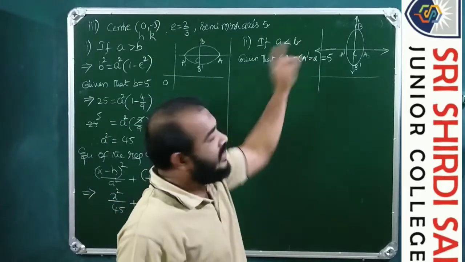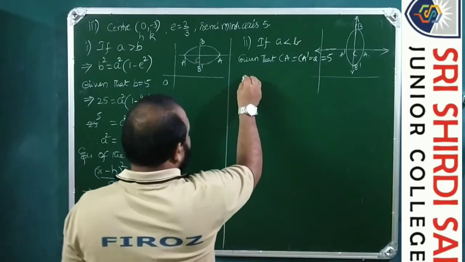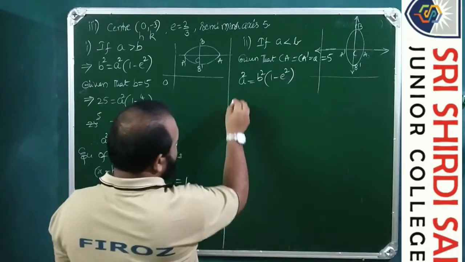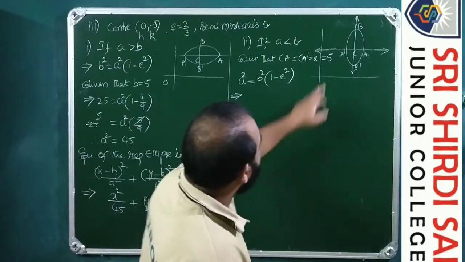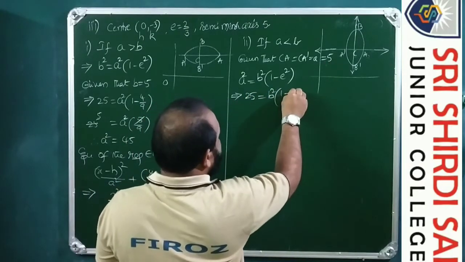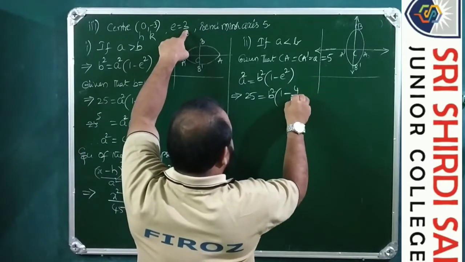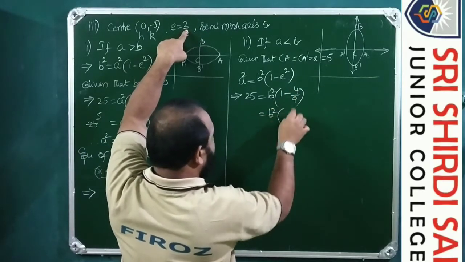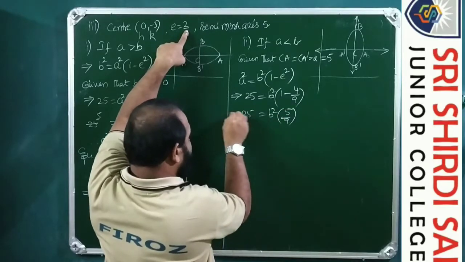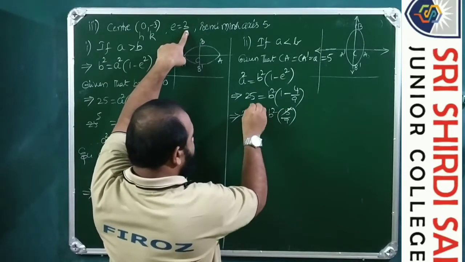So if A is less than B, the condition is A square equals B square into 1 minus E square. So 25 is equal to B square into 1 minus 4 by 9. So B square into 9 minus 4, 5 by 9, is 25. So 5 5s are 25.